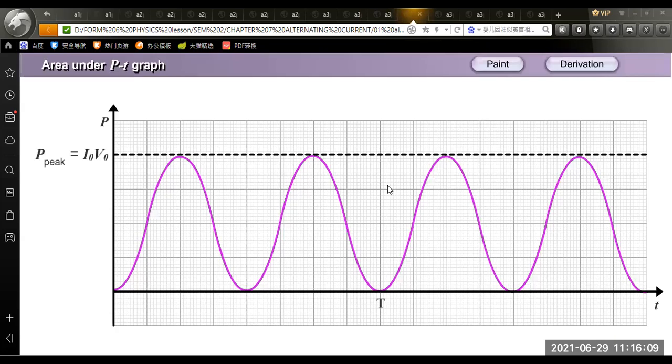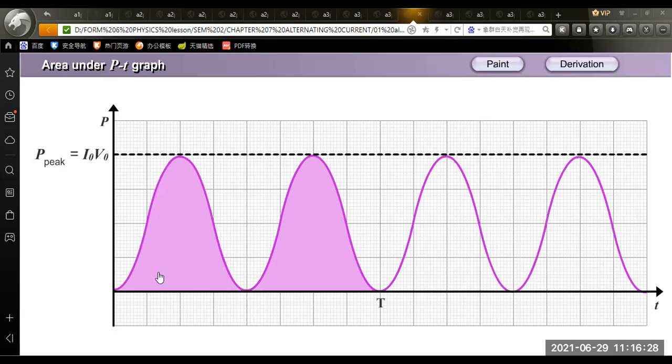Next, how about the PT graph? In the PT graph, P equal to I naught V naught. Then what is the shaded area?